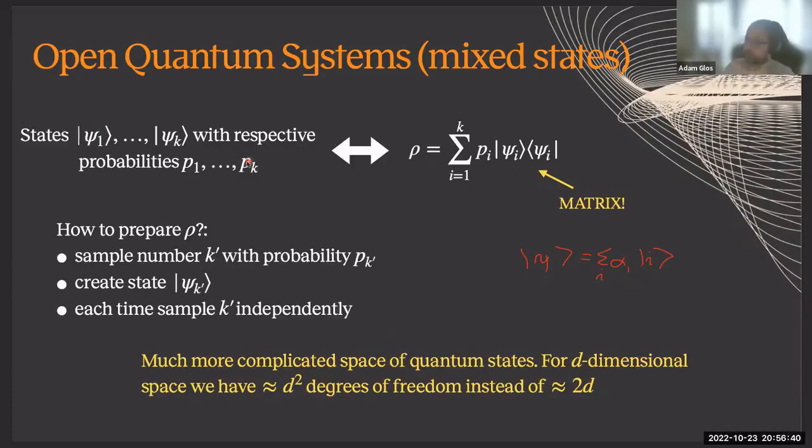And the way we can describe this probability distribution of quantum states is the mixed state, which is exactly the formula which is in here. So we have a sum with the probabilities of projectors on each state. In particular, if we have just one state, which we know for sure, it will be just a state like this.